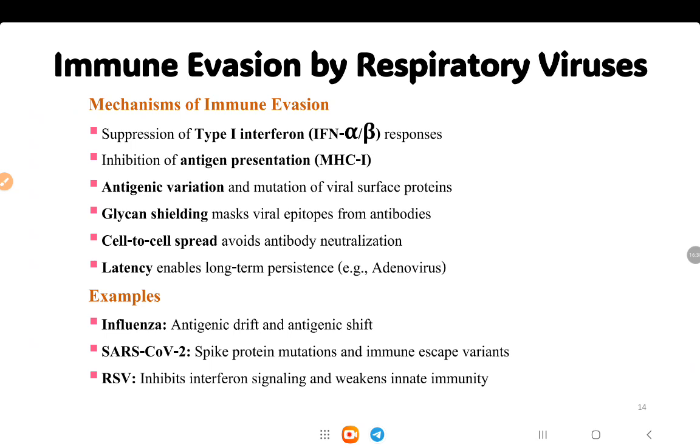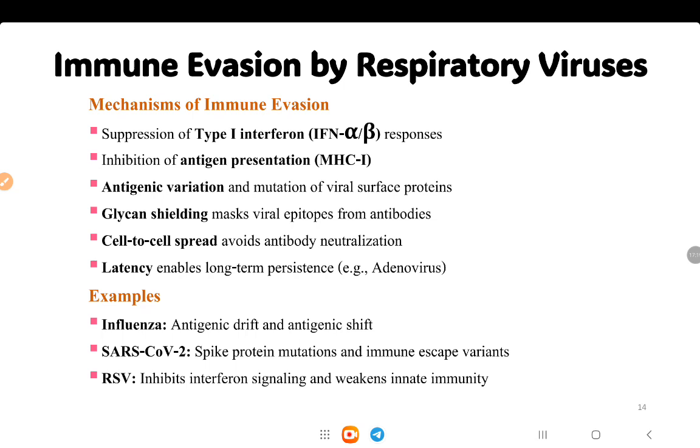By suppression of the type 1 interferon alpha or beta response, also inhibiting antigen presentation, also by antigenic variation and mutation of viral surface proteins, continuously changing the surface protein, also by glycan shielding, which masks, covering the viral epitopes from antibody binding, with cell-to-cell spread to avoid antibody neutralization, also by latency, enabling long-term persistence of the virus inside the cell, for example adenovirus.